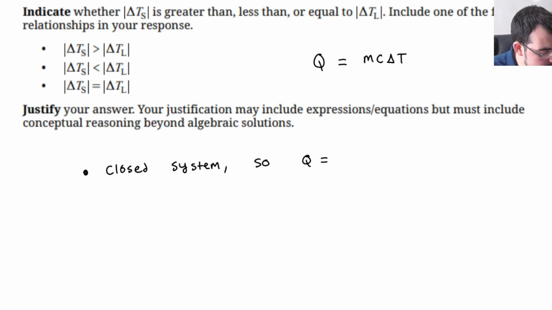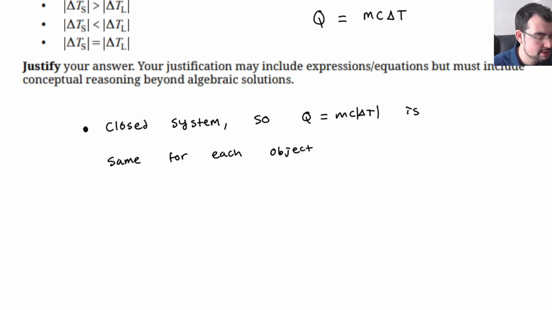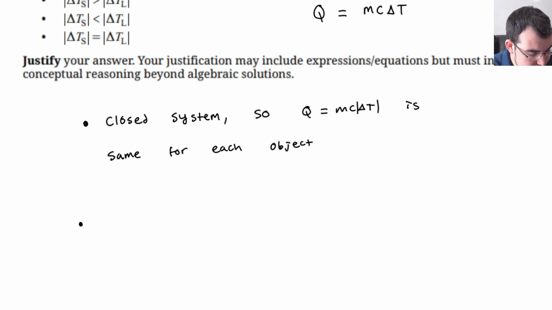So Q equals mc delta T is the same for each object. Should put some absolute values there, because technically heat is lost from one and gained by the other. So for the liquid, m and c are larger.